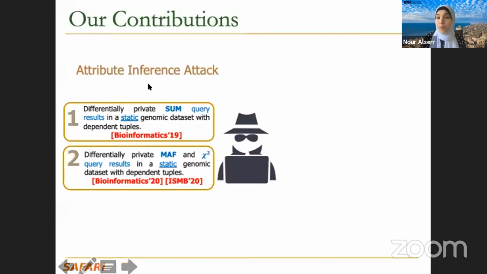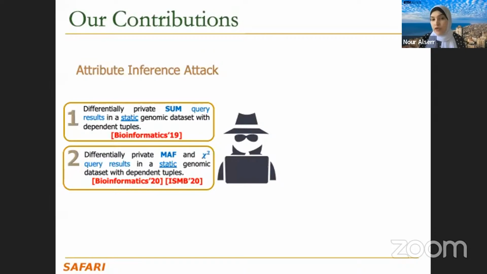We call it an attribute inference attack. What we did in this direction is use the differentially private sum query, also MAF, the minor allele frequency, and the chi-square in a static genomic dataset. What is a static genomic dataset? It is data which is updated one time. When we talk about dynamic, the data can be updated anytime.